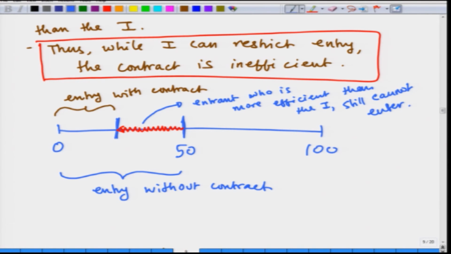So, two things. One is, can a contract be written between an incumbent and the buyer which will restrict entry? The answer is yes, because we have seen that a contract which guarantees the buyer a second period price of ₹75 if the buyer buys from the incumbent, but also introduces a breach of contract fee which is ₹50, can lock in the buyer with the incumbent, and more importantly it restricts the probability of entry, because only entrants with a marginal cost between 0 and 25 can now enter.